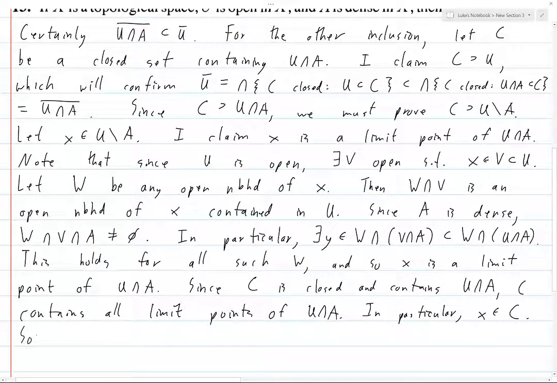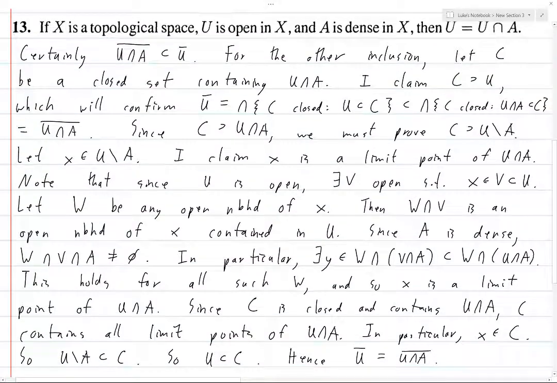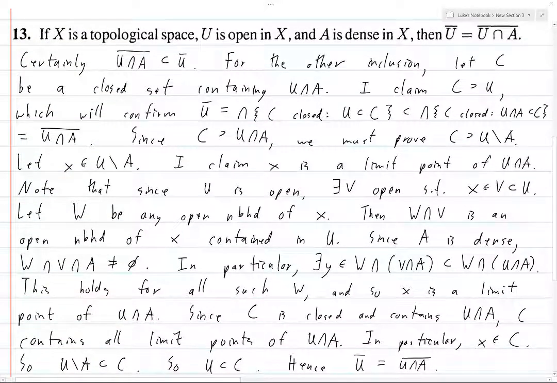This tells us that U set minus A is contained in C. So all of U is contained in C. And this is what we wanted to prove, because now we know that U closure is contained in U intersect A closure. And hence, U closure equals U intersect A closure. There we go.